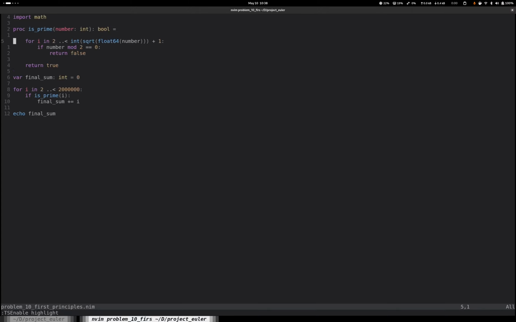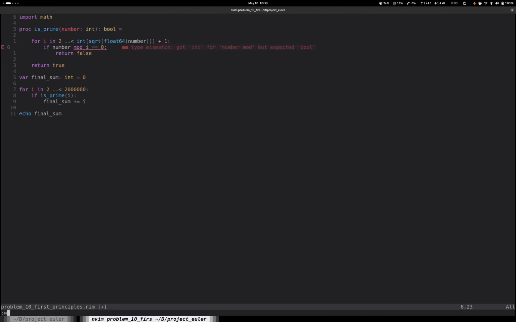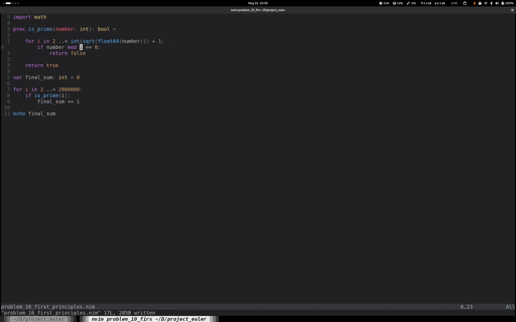Okay, and let me read through this one more time. For i in 2 less than the integer of the square root of the float of the number +1, if number mod, oh, that should be mod i. I'm sorry if that's what I've been showing you for a little bit now. That should be mod i.